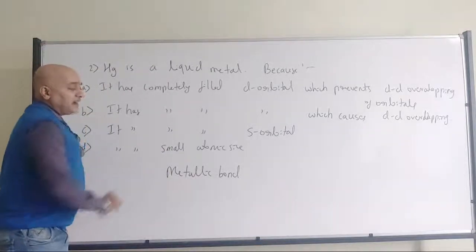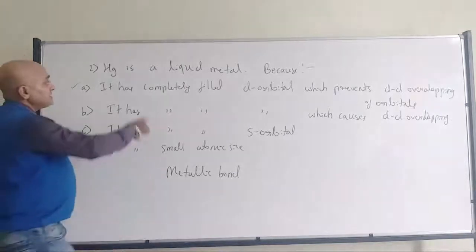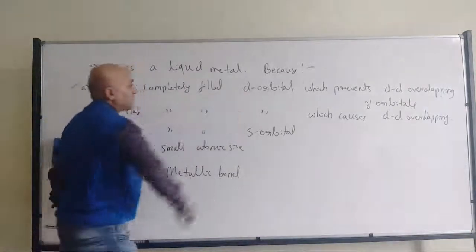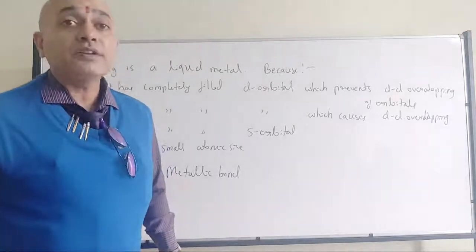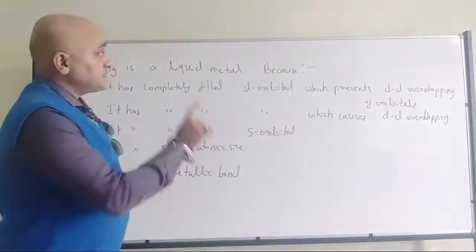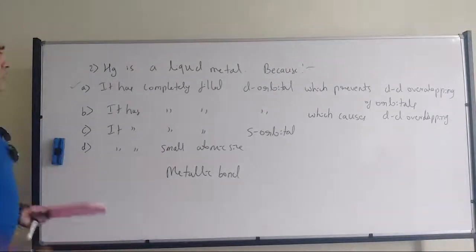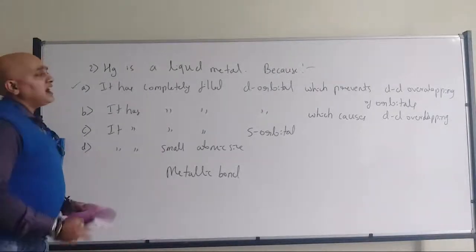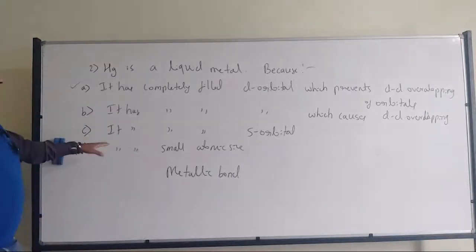So that's where we have the existence of the metallic bond, right? Now since there is a completely filled d orbital, these electrons may not be available for the interaction. So that's what the first statement talks about. So due to that, option A should be the answer. Okay? So option B cannot be the answer.